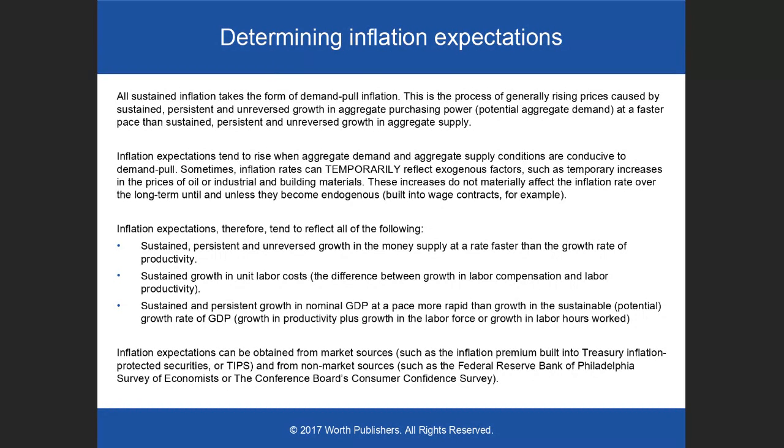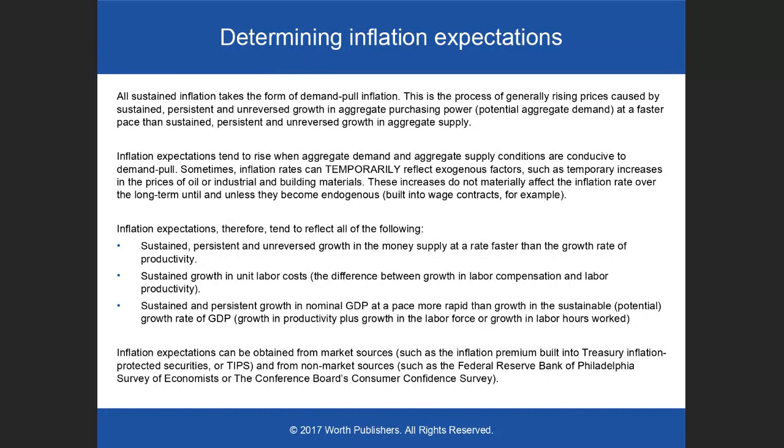What does the productivity that I talked about do? Productivity gives you output. You know, look at it. Product. That's the root of the word. It's giving you supply. So money supply gives you the potential for demand. Productivity gives you the potential for supply. So by looking at sustained, persistent, and unreversed, meaning it goes up and up and up, it doesn't go up and then down again, and then up again, down again.